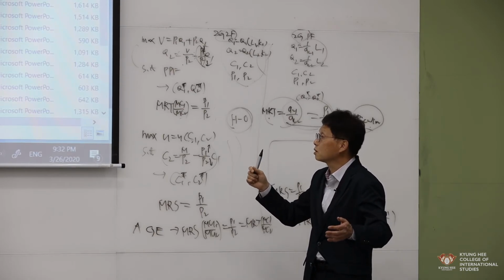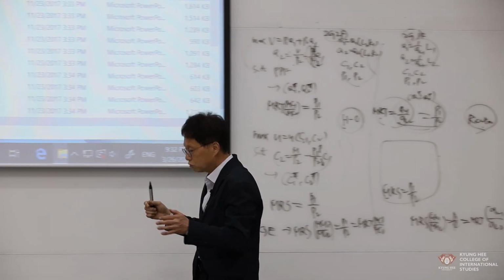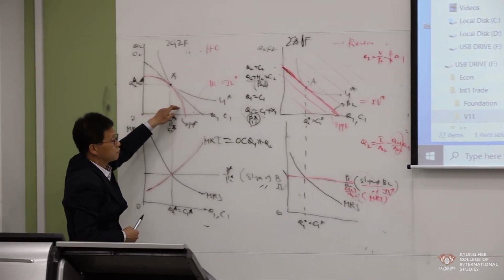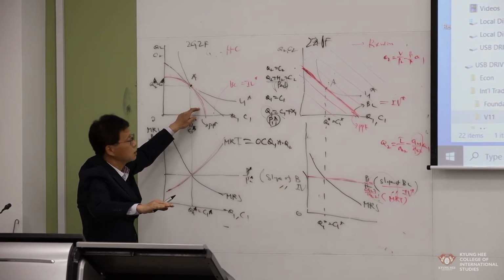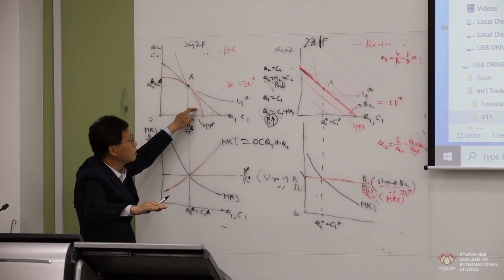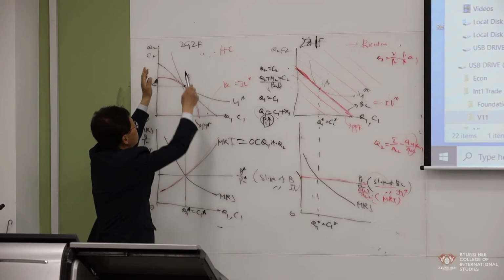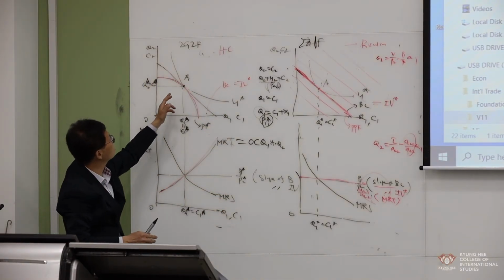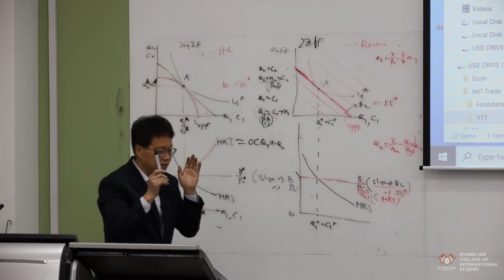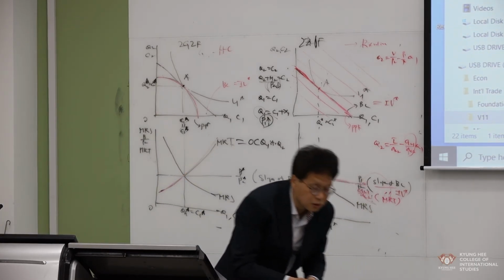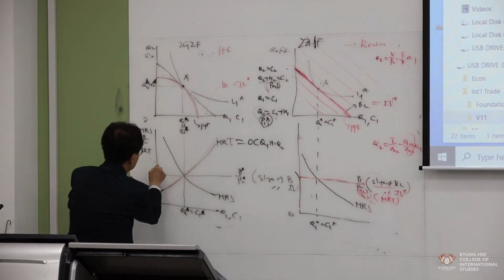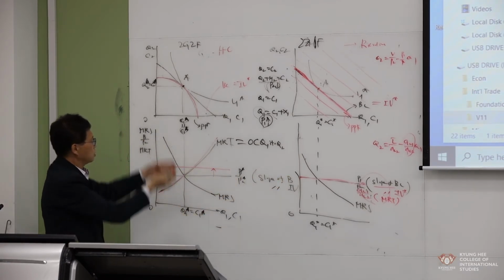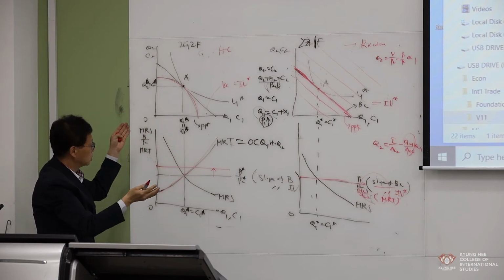Okay? So in the two good case, it is like this. The production possibility frontier doesn't change after trade. Same, right? The indifference curve, utility curve, is the same anyway. Nothing changes. The only difference compared to the autarky level is the slope of the budget constraint, the slope of the ISO value line increases, P1 over P2 increases.